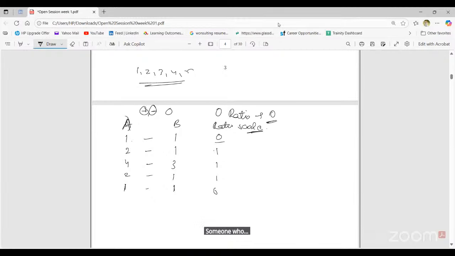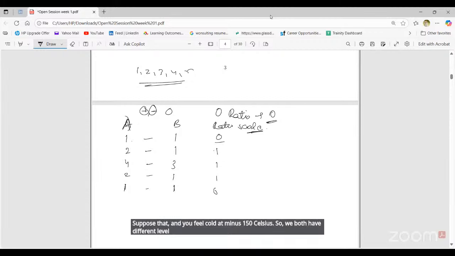I feel cold at 0 degrees Celsius, and you feel cold at -1 degree Celsius, so we have different levels of feeling. So we cannot compare on an interval scale. But we are considering Kelvin as a ratio scale, so should we not?